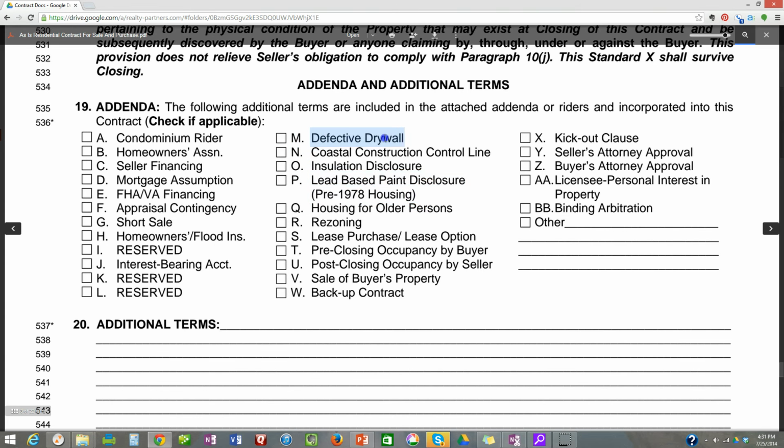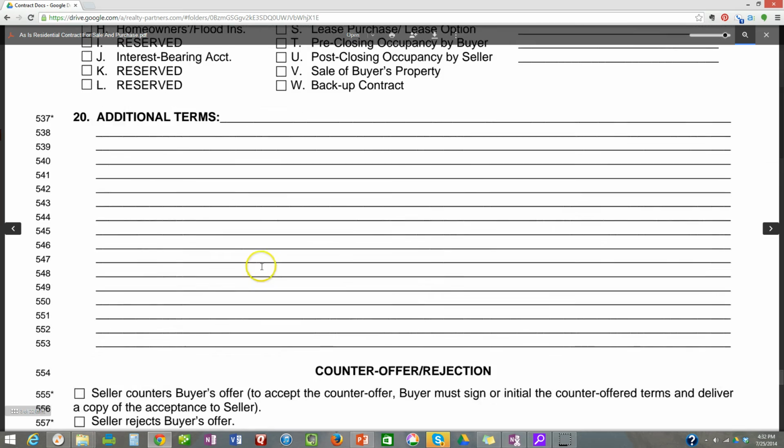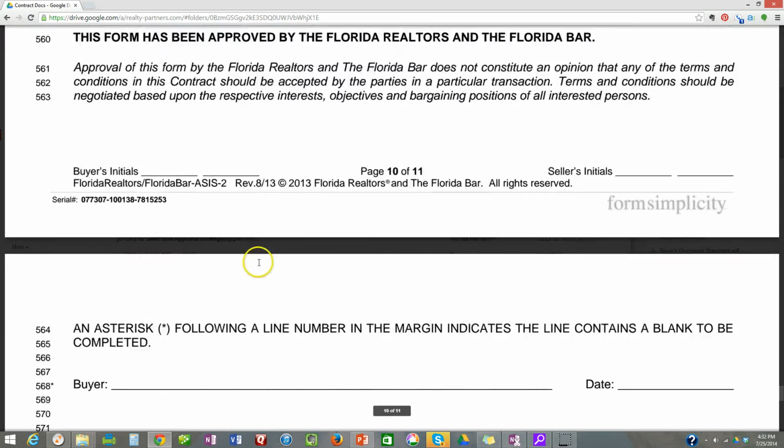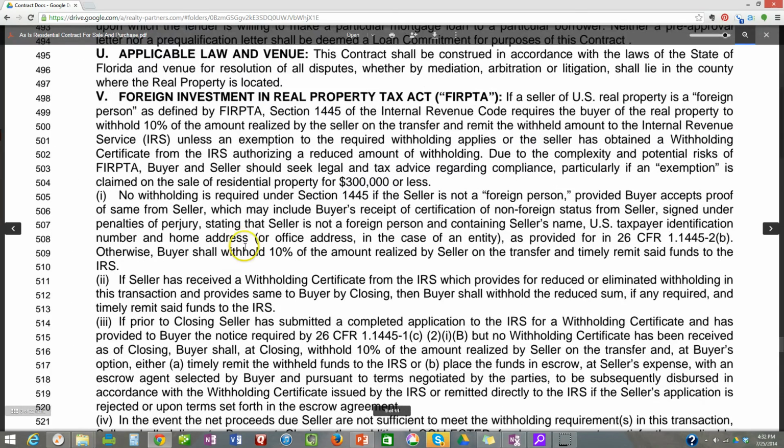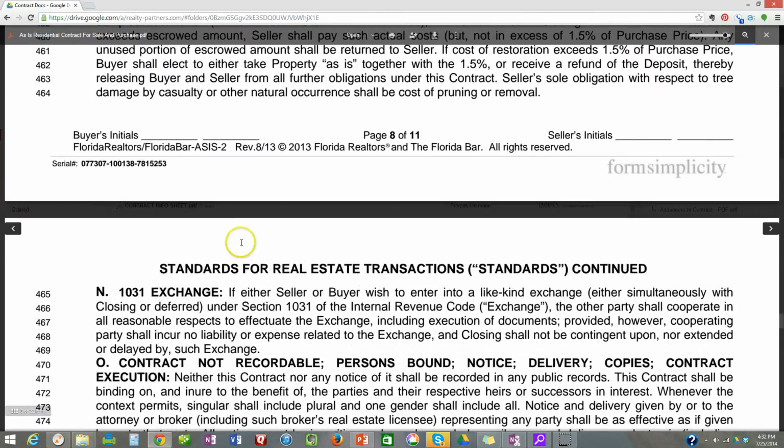If it was built after 99, you certainly want to give the drywall disclosure, since there could be Chinese drywall used. So you want to go over this and make sure that you have all of the addendums checked off that are included as part of the contract. But that's pretty much the as-is contract here.